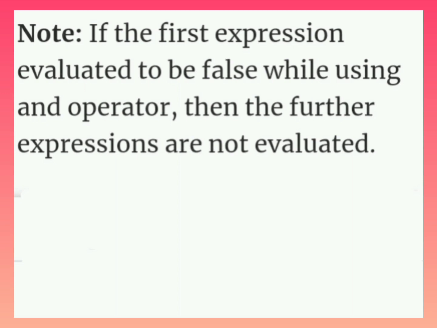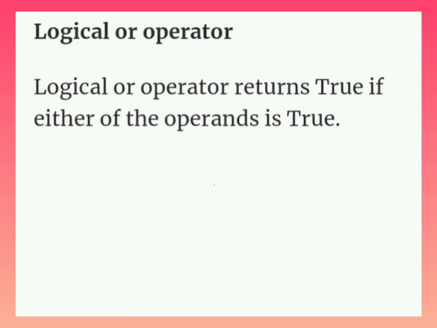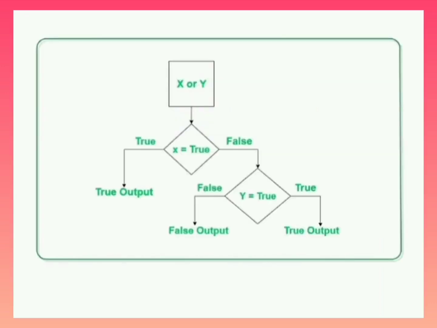Note: if the first expression is evaluated to false while using the and operator, then the further expressions are not evaluated. Logical or operator returns true if either of the operands is true. X or y: if x is true, it returns true.